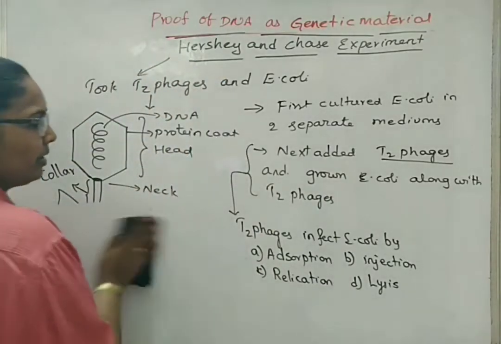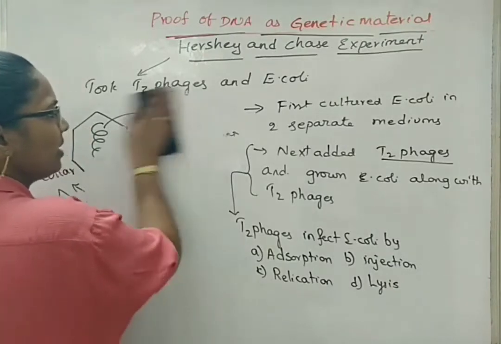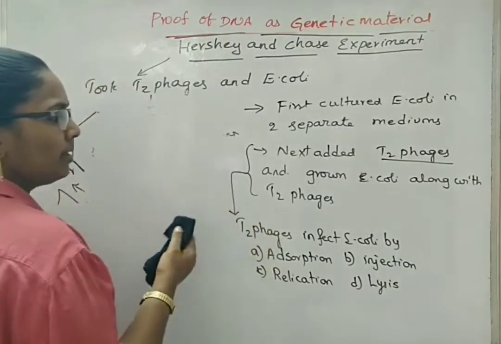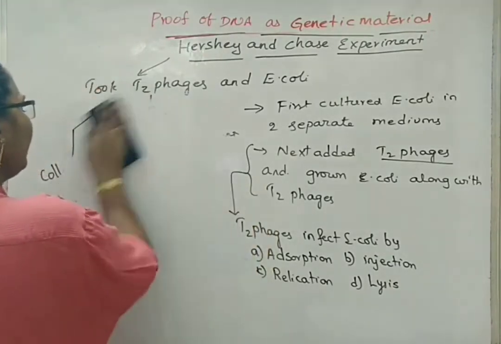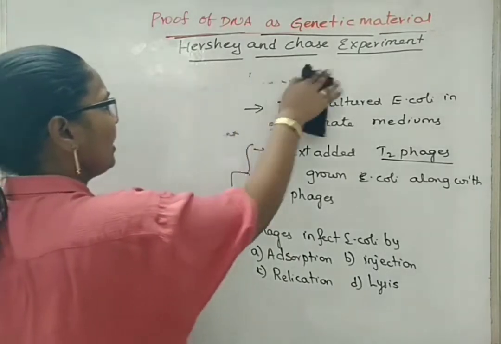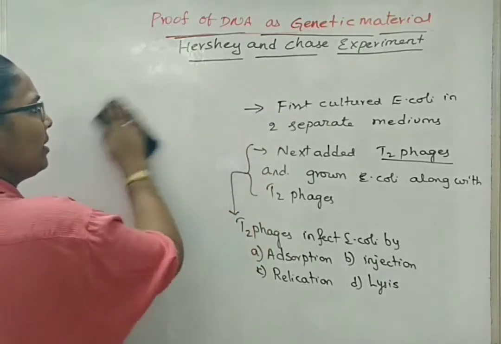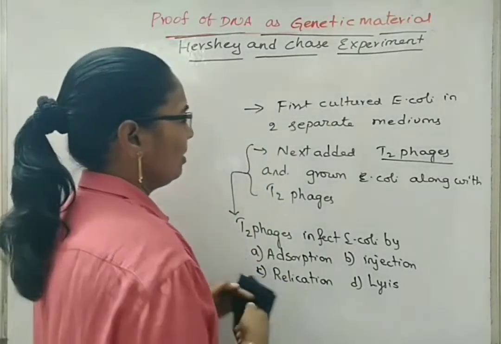In the two different mediums, when they are taking here, in the next stage, the food material or the medium is included with radioactive sulfur and radioactive phosphorus.